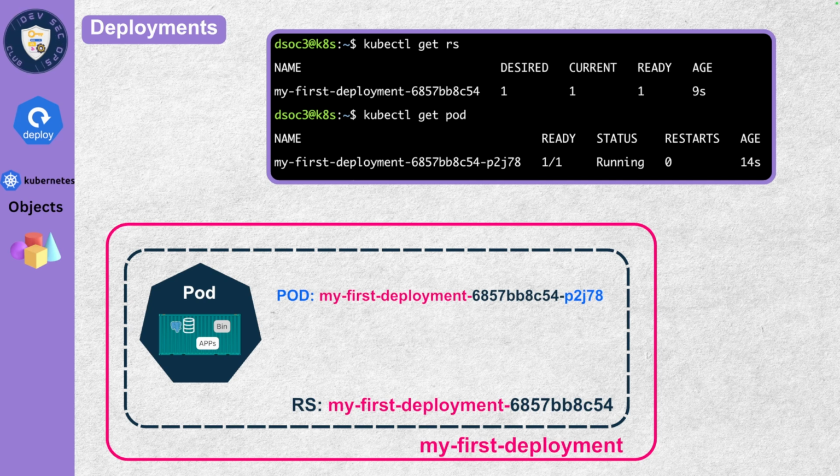But as a DevOps engineer in the real world, we really don't care about how pods or replica sets are being created. We only create a deployment. You may be thinking, why do you waste our time and explain pod and replica set?